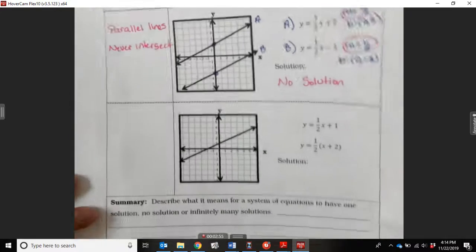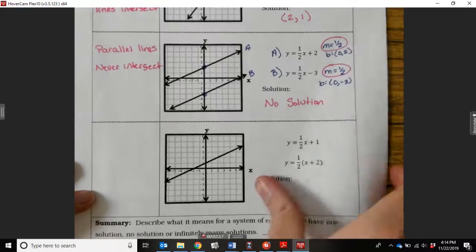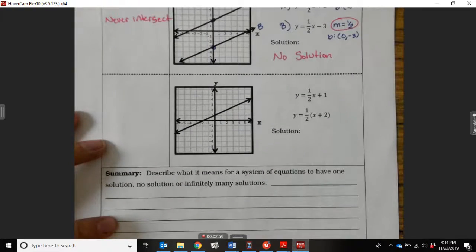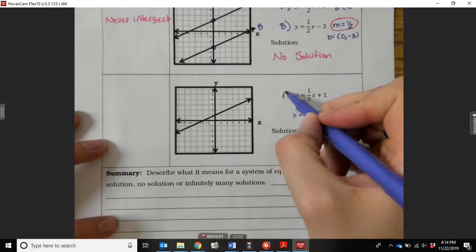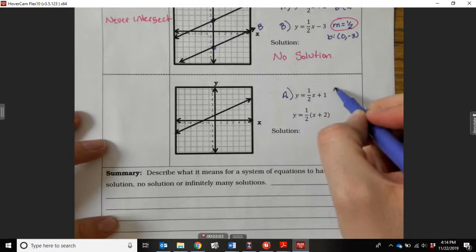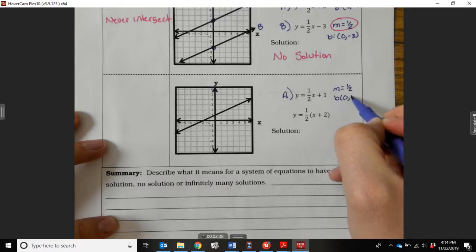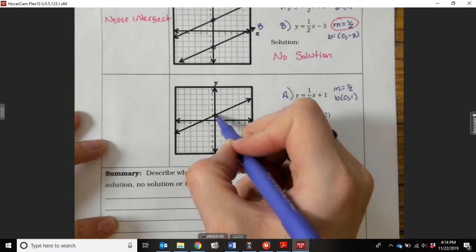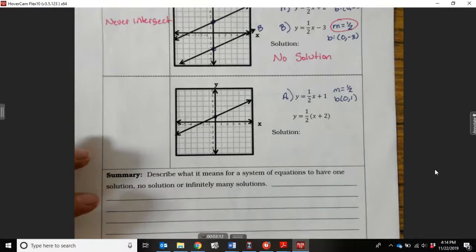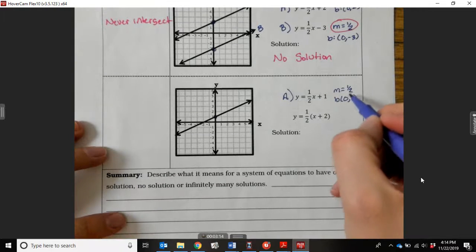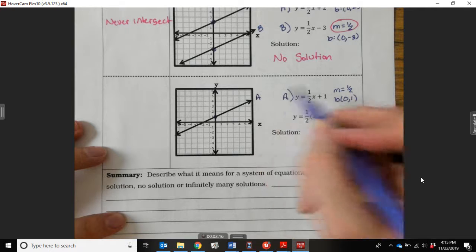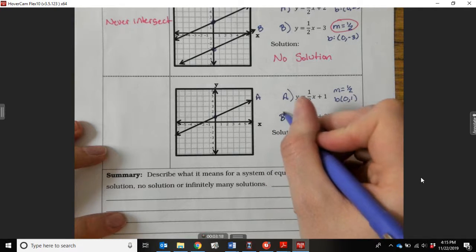And then I have this last example here. So I'm going to say this is graph A again. And my slope is 1/2 and my y-intercept is (0, 1). So it starts here at (0, 1) and it goes up 1/2. So this is graph A. And then I have graph B here, but you can't see it.